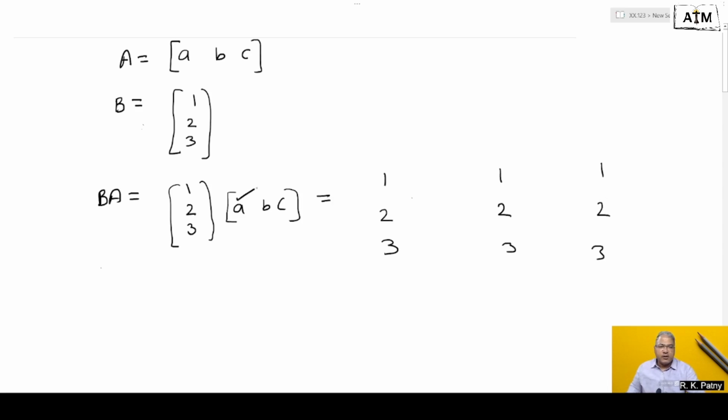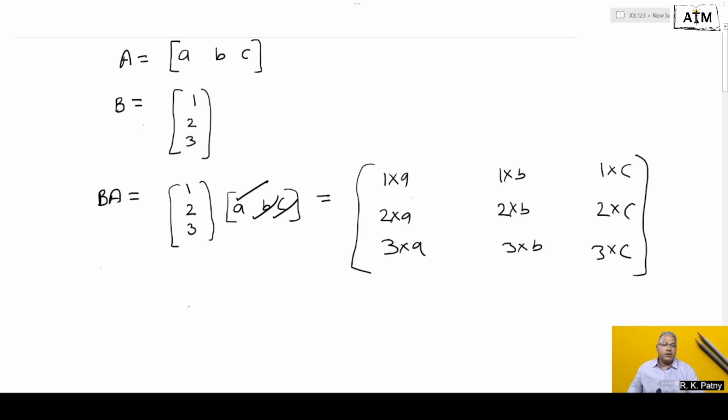Then what is the first element here? A. So write down into A, into A, into A. After that, what is the second element? B. So into B, into B, into B. Then what is the third element? C. So into C, into C, into C. This is the result of B into A.